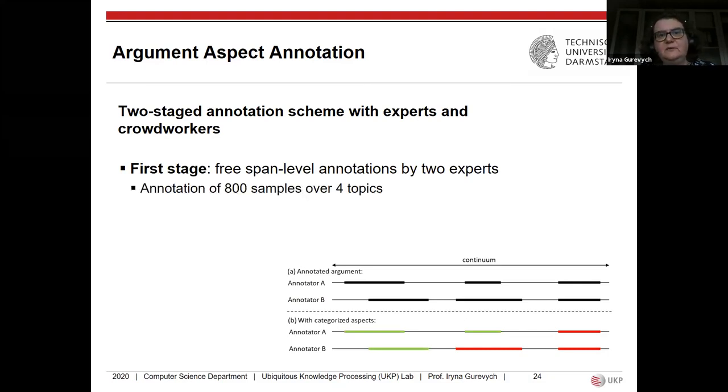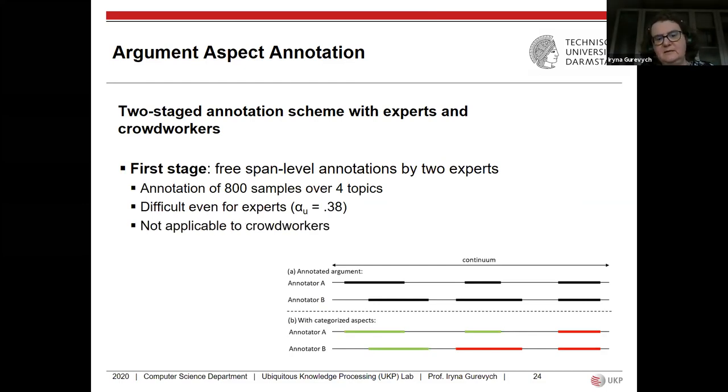They annotate 800 samples from 4 topics, and we compute the agreement, which results in Krippendorff's alpha of 0.38, indicating that the agreement is moderate and not very high, and that the task is fairly difficult.